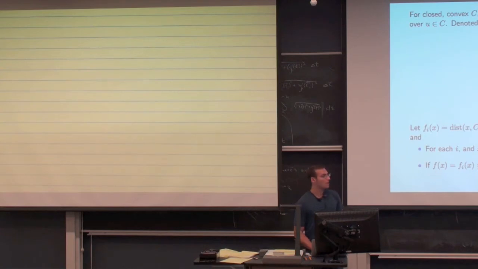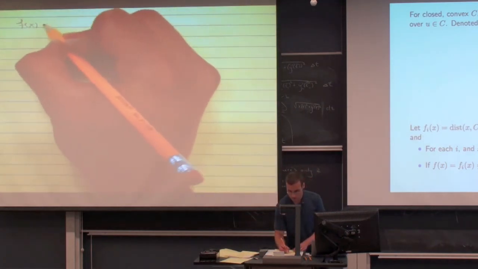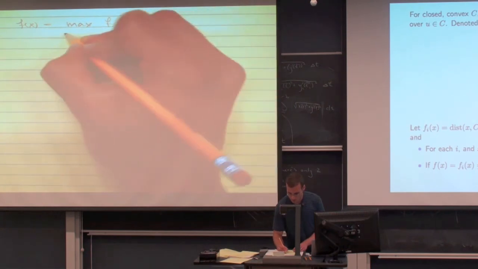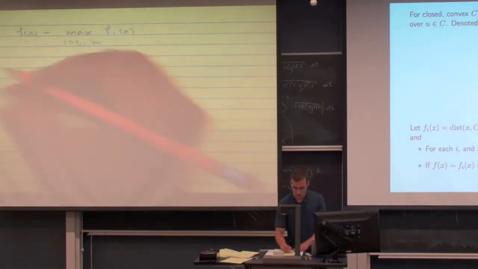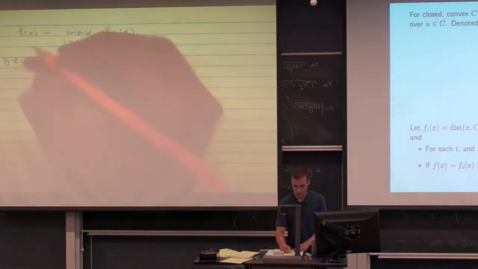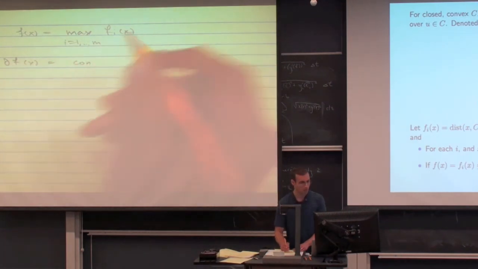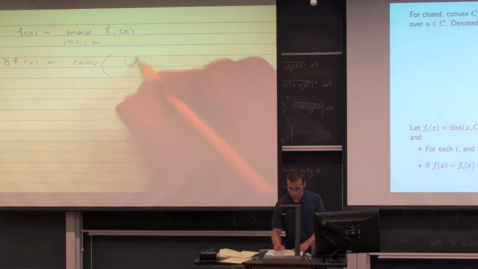And now we're going to use a rule that we learned last class from the subgradient calculus, which is that if f of x is equal to the maximum of a bunch of convex functions, then the subdifferential, the set of subgradients of f at x, is equal to the convex hull over the union of all j such that fj of x is equal to f of x.